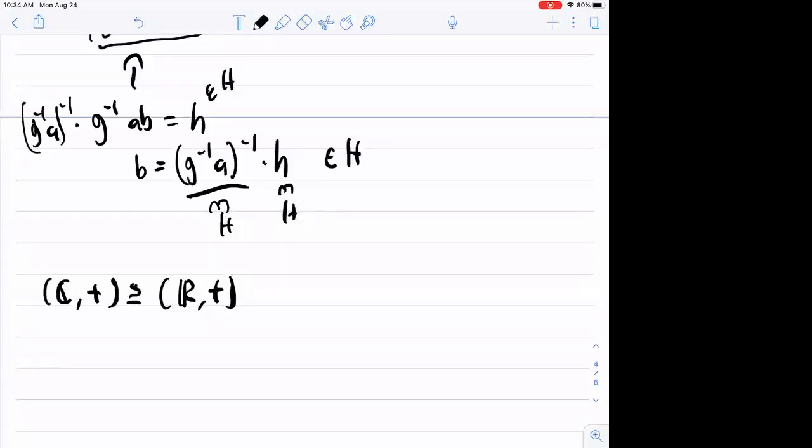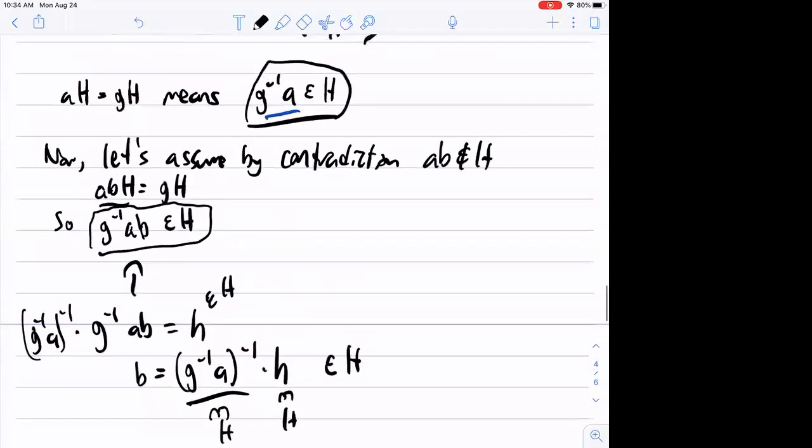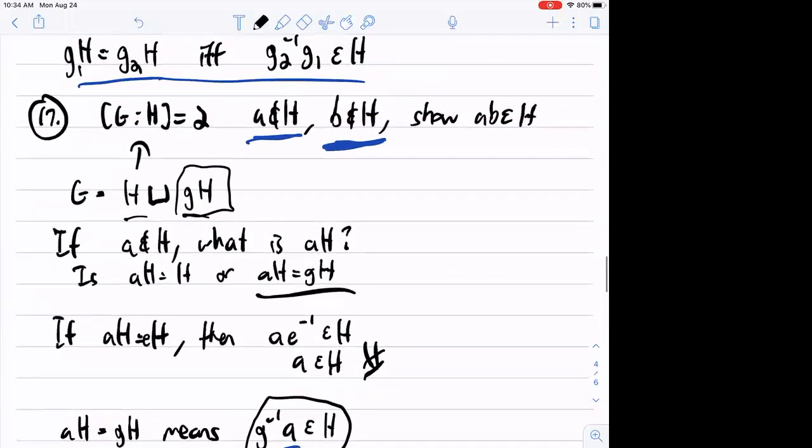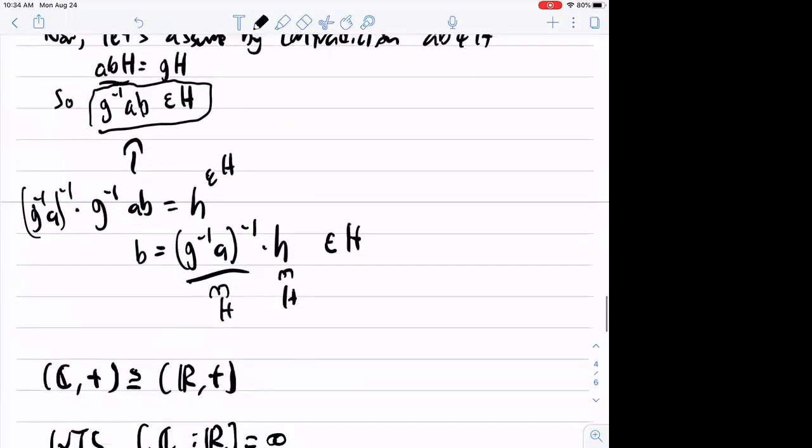Now, we want to show the index from C to R is infinite, right? So what does it mean to be infinite? Here it was 2, in which case there were 2 different cosets. So here we want to show there are infinitely many.